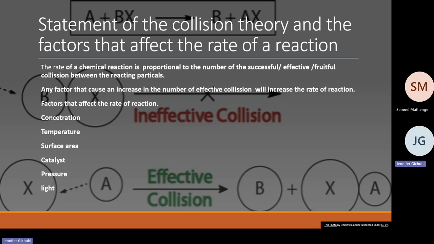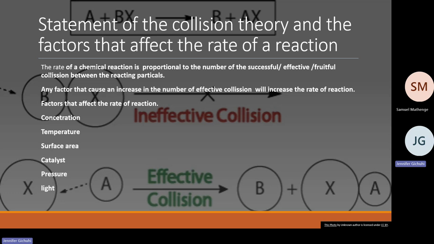Meaning that if the number of the successful collisions is very many, then the rate of the reaction will be very high. If the number of the successful collisions decreases, then the rate of the reaction also decreases. Therefore, they are directly proportional.